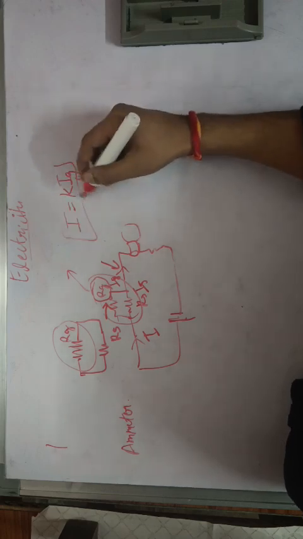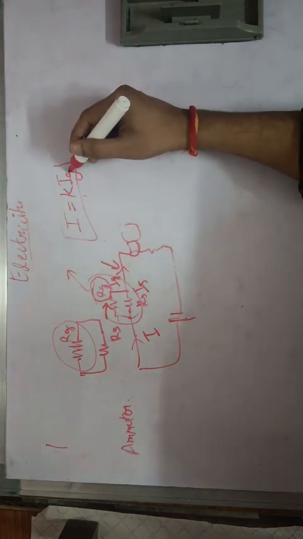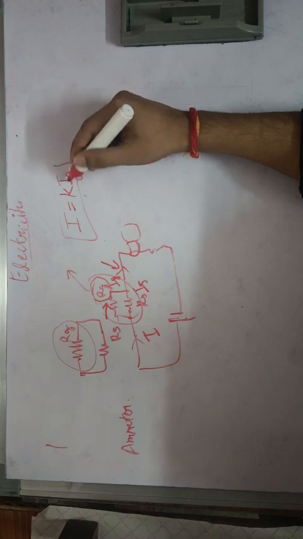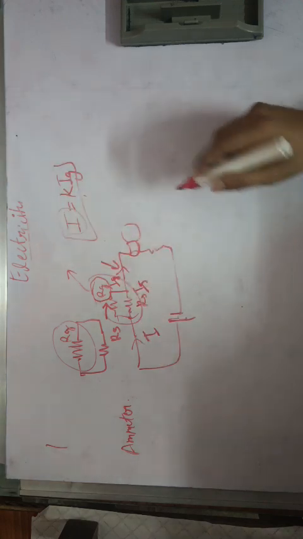There would be some constant value with which I multiply Ig, which gives the total current through this circuit.